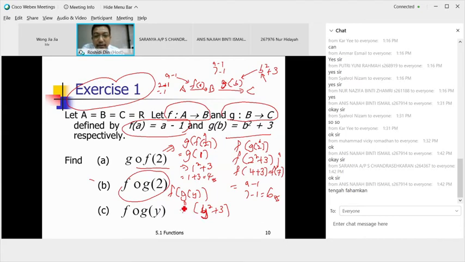Now, in order to get the final answer, F refers to A minus 1, so A minus 1 is actually represented by Y square plus 3. So it will be Y square plus 3 minus 1, which is Y square plus 2. That's the answer.